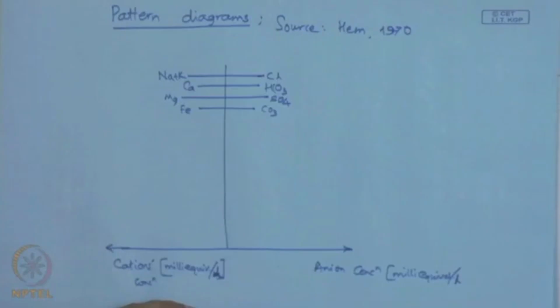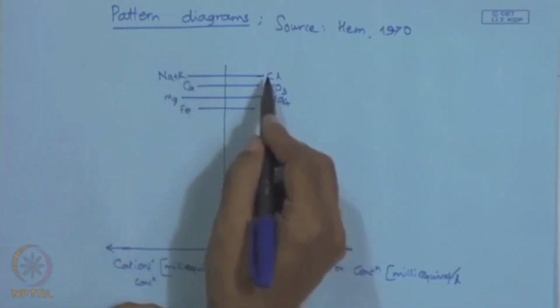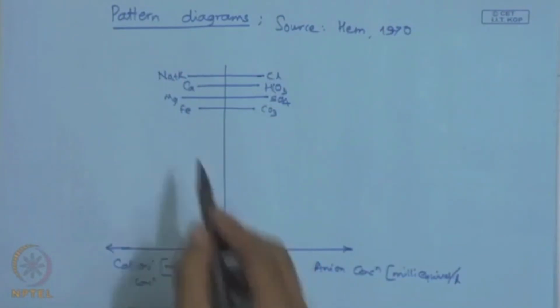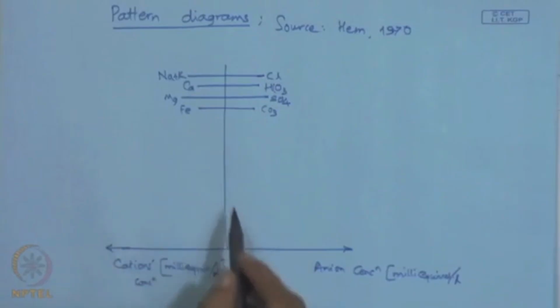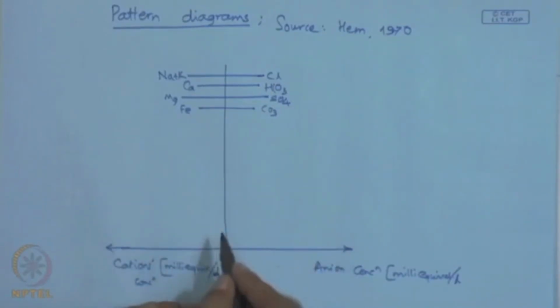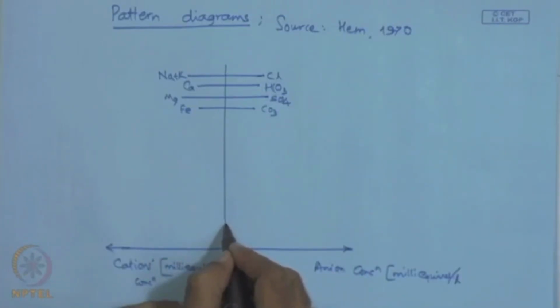So basically in this case, there are 4 cations and 4 anions. Say, for example, a particular sample doesn't have iron as well as carbonate. In that case both of these will be 0.